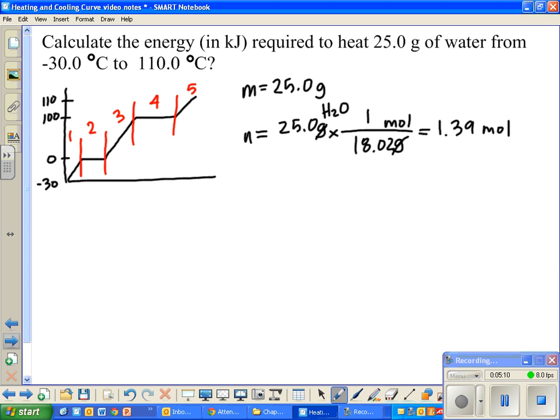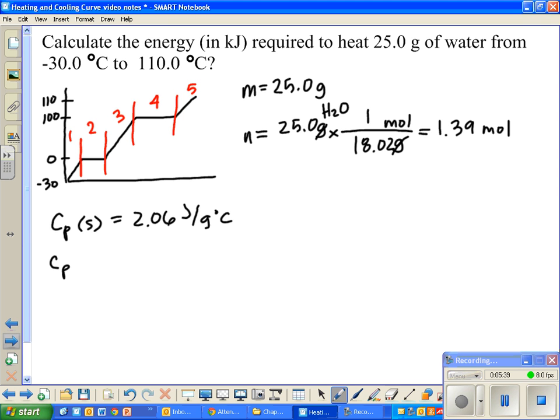I'm also going to write down all the constants we're going to use, so the specific heats and the delta H's. The specific heats are all on page 533 for water and a bunch of other things, but you're going to need to know the specific heat of a solid, because we're talking ice, so this will be in section 1, and that is 2.06 joules per gram degrees Celsius.